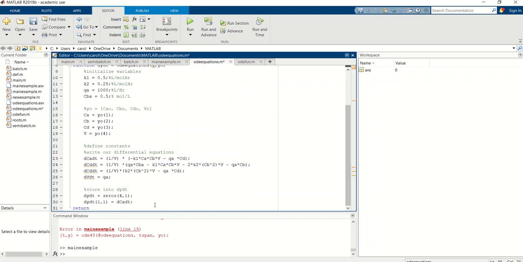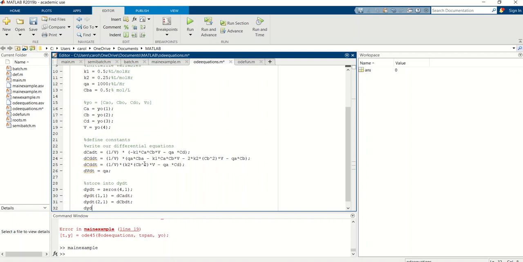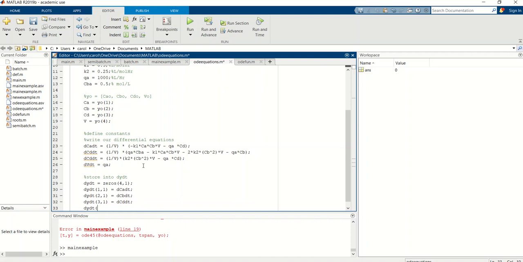So we have to put A first and then B, D, V. So down here, dy dt at 2, 1 equals dCB dt, dy dt at 3, 1, dy dt at 4, 1.